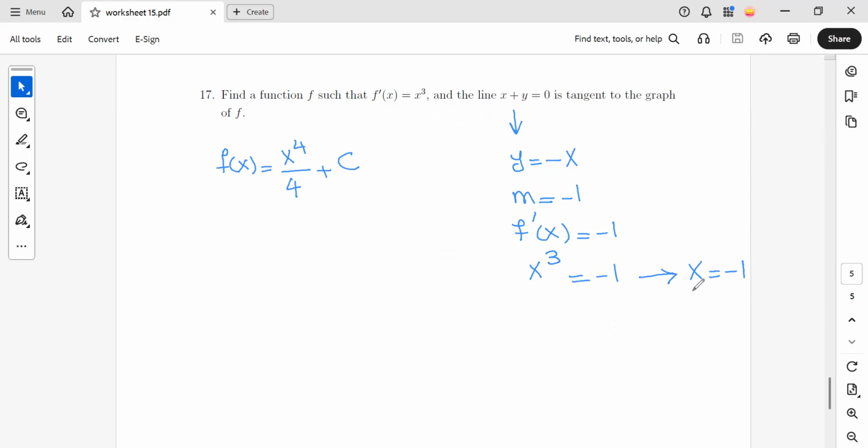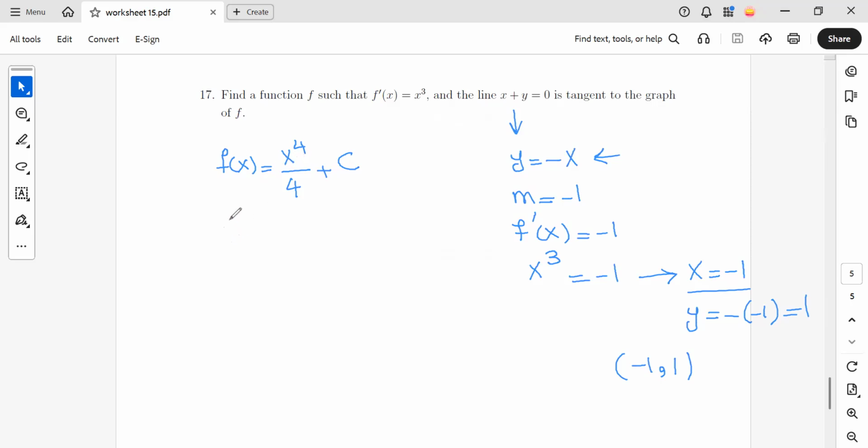So having x as negative 1, we would find y, which is the negative of negative 1, which is 1. So we're going to use the point negative 1 and 1 on the graph of f. What is the graph? The graph is x to the fourth over 4 plus c.